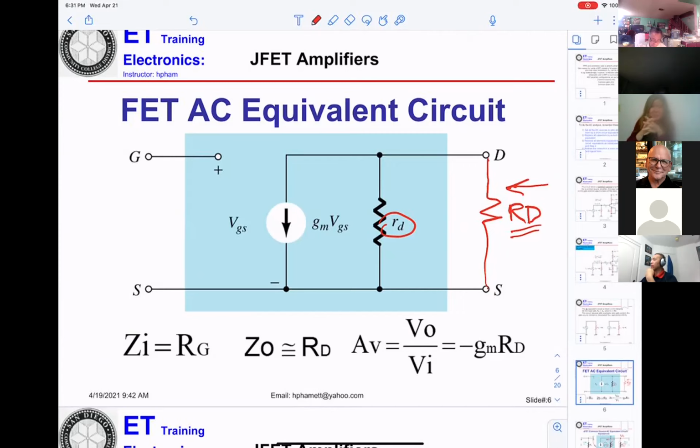Now, gain, AV, equals V out over V in. So what does V in equal? That means you get a signal right here, V in here.